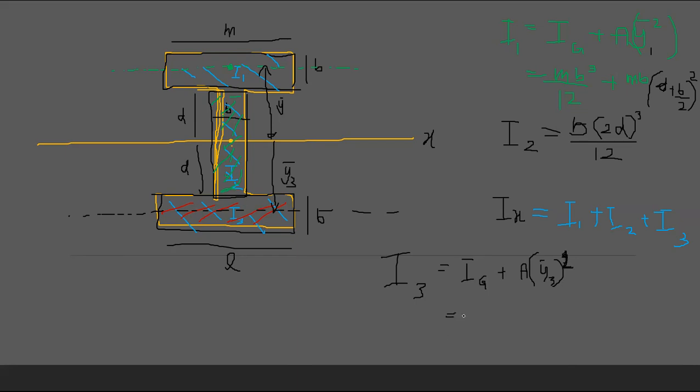Ig is nothing but L into bd cube over 12, the same equation, only the parameters are changing. A is bL. The distance to the centroid, y bar 3, is going to be d plus d by 2 again, right?